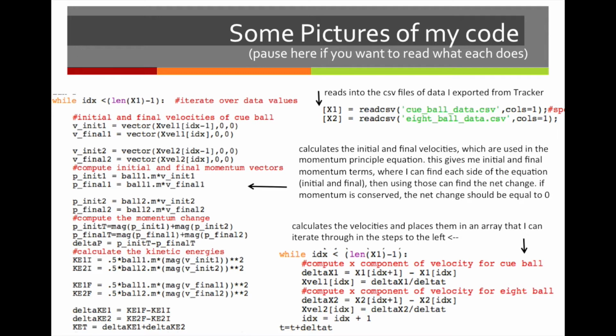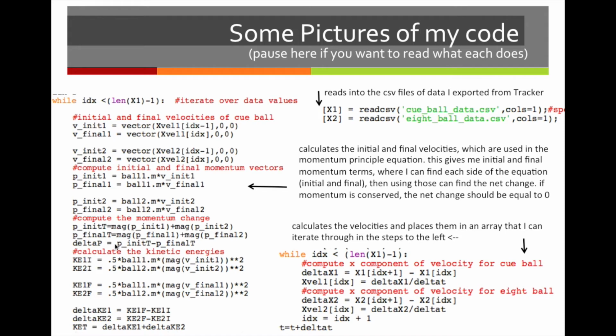So here's some of the code that I was using. We'll start up here where first I read in the CSV files of the data that I got from Tracker. Then down to here where I calculate the velocities of each, and you put them in an array so you can iterate through them. Then this iterates through and calculates the change in velocities for the m1v1 and m2v2, and this gives you the initial and final momentums, and this calculates the change in each.